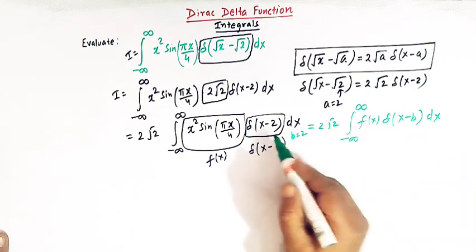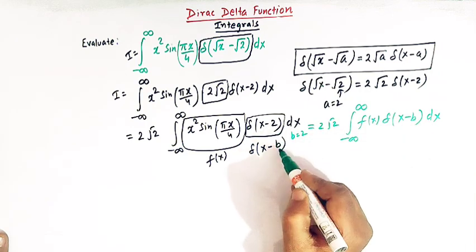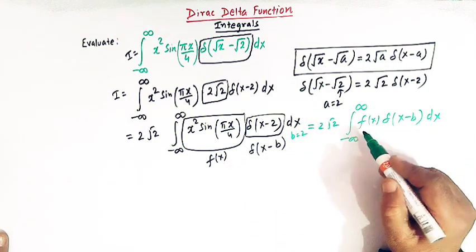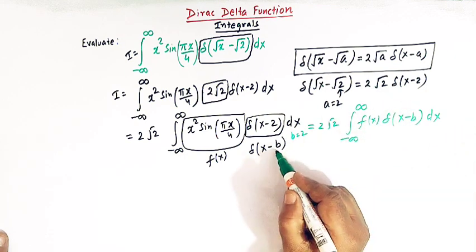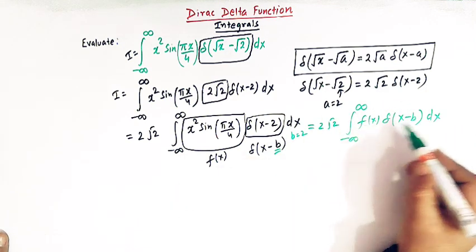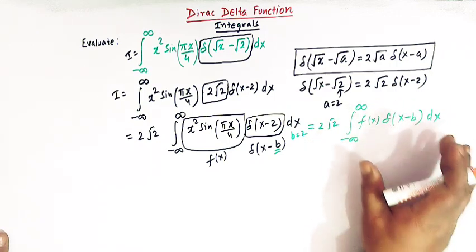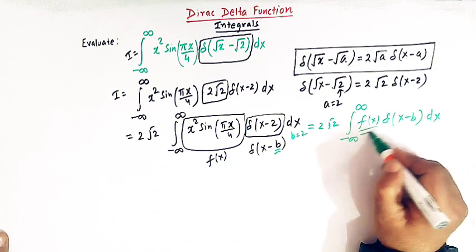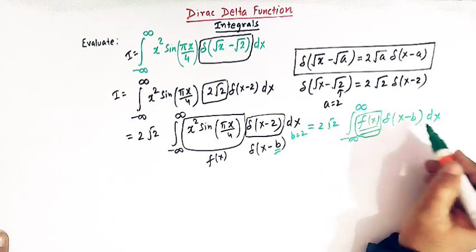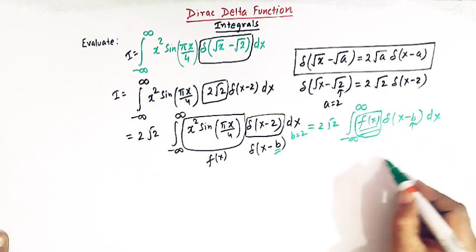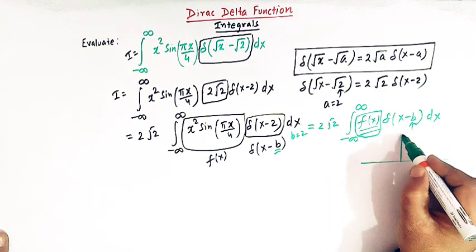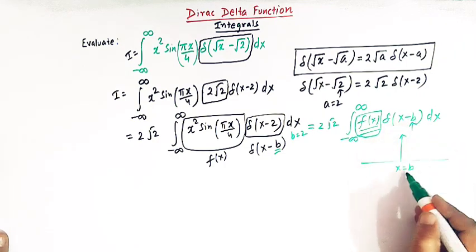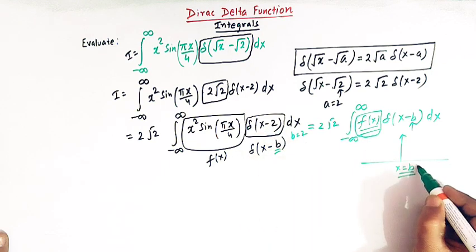We could also take this 2 as a, but just for the sake of understanding the definition of the Dirac delta function, we are taking it as b. Now we know that by the definition of the Dirac delta function, the value of this integral is equal to the value of this function at this point, because the delta function peak exists only at this point, that is x is equal to b, and b is 2.